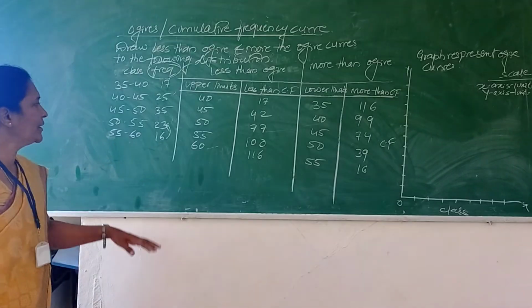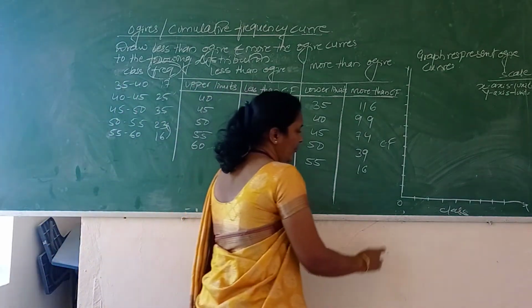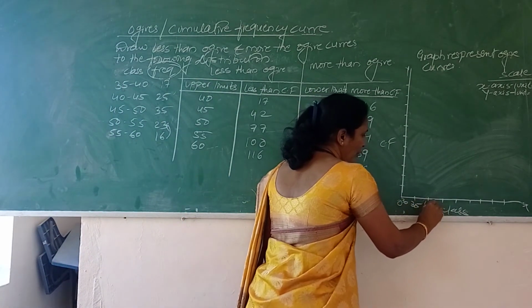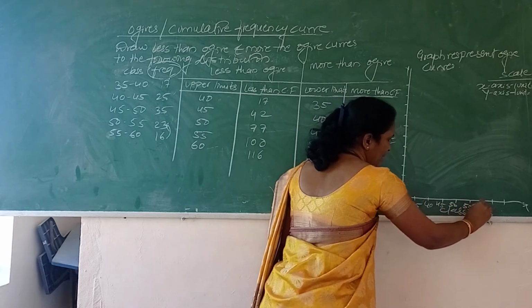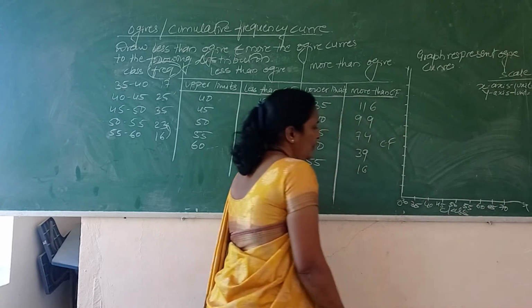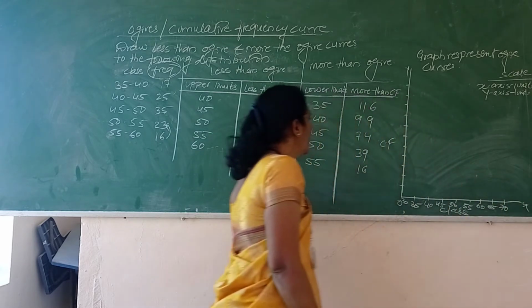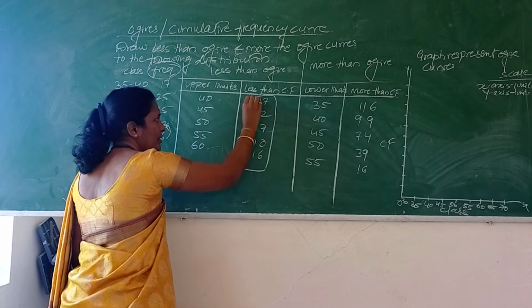Now look at the classes. The minimum is 35, the maximum is 60. So we will start with that: 35, 40, 45, 50, 55, 60, 65, 70. So the gap is 5. These are all your CFs. This is what you have to represent.